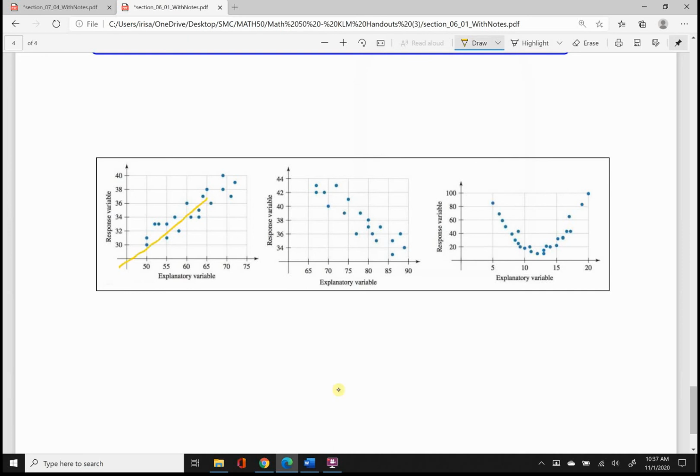For instance, I would see this as a good line of best fit for this data, because the data is jumping above and below this line, so to speak. I would say that this represents a positive association. I would see this as having a negative association.